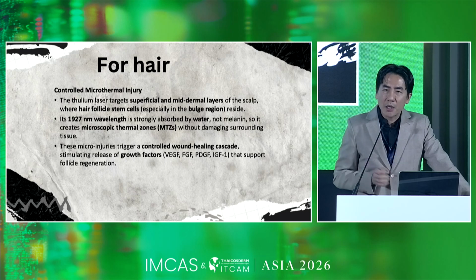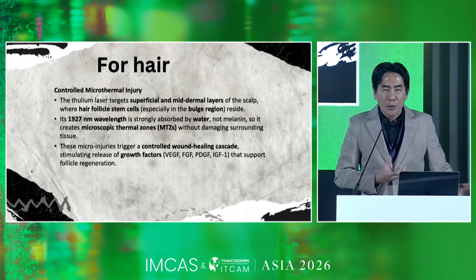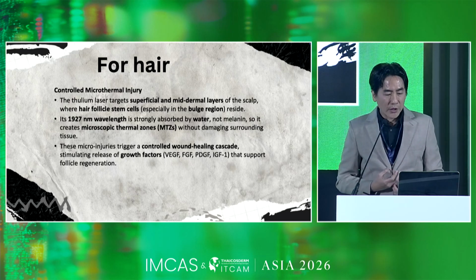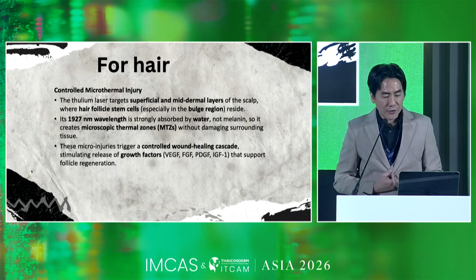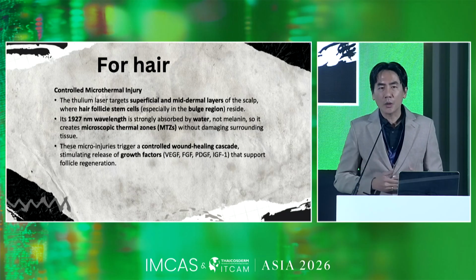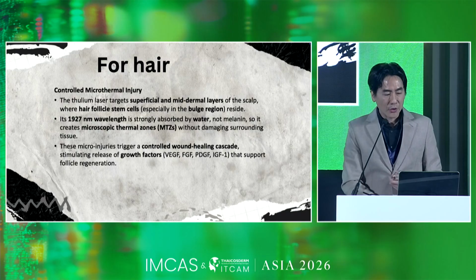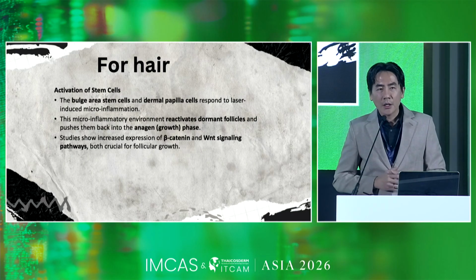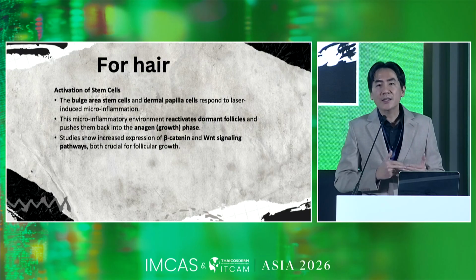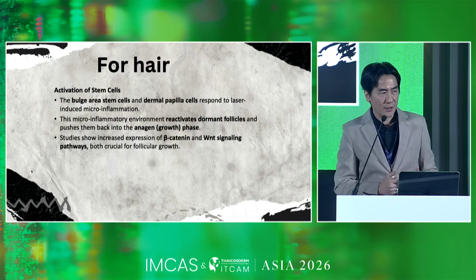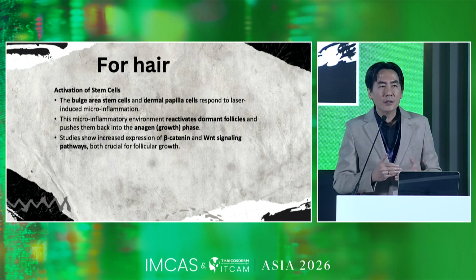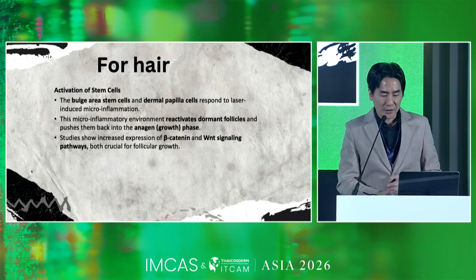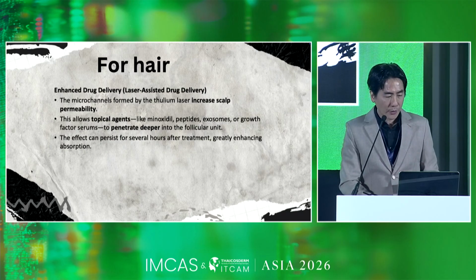When we create the microthermal zone, we induce our body to create VEGF, FGF, PDGF, and IGF-1, which stimulate our bulb stem cells. So it triggers new hair regrowth and pushes our hair cycle into the anagen phase, so hair grows faster than before.